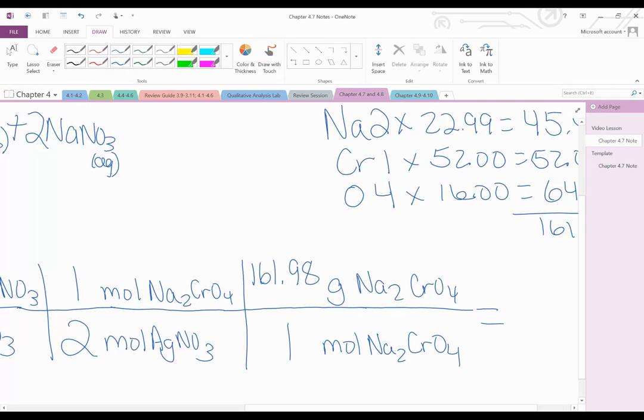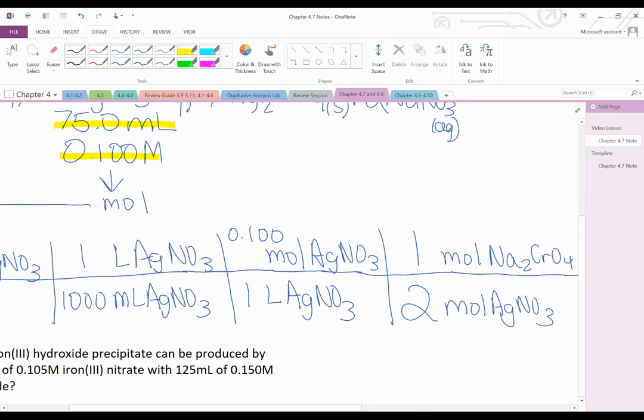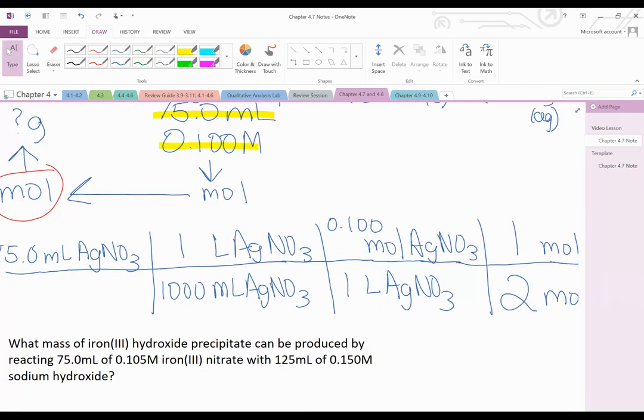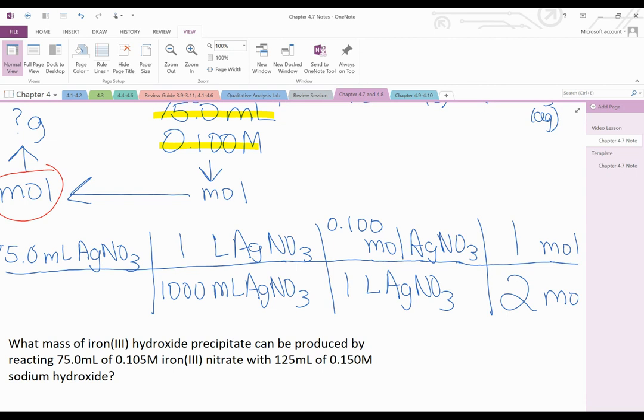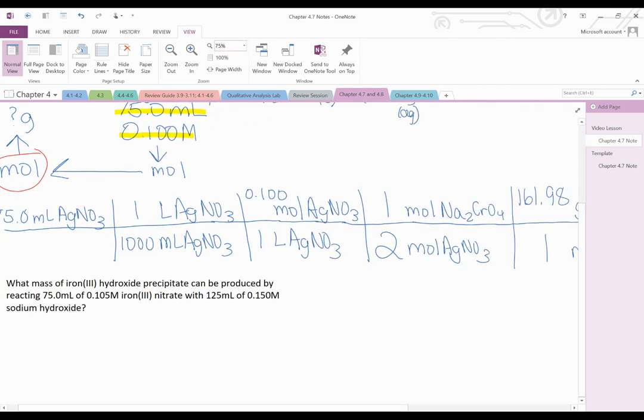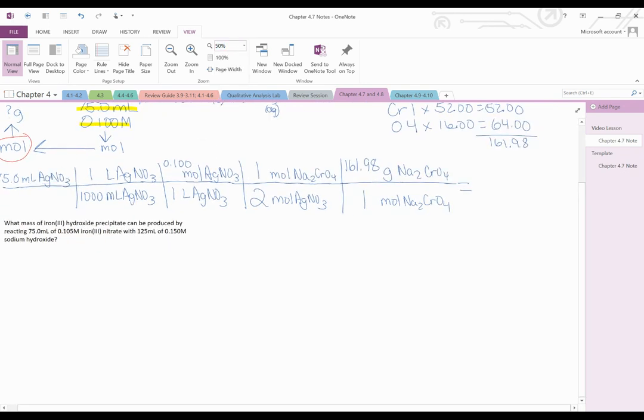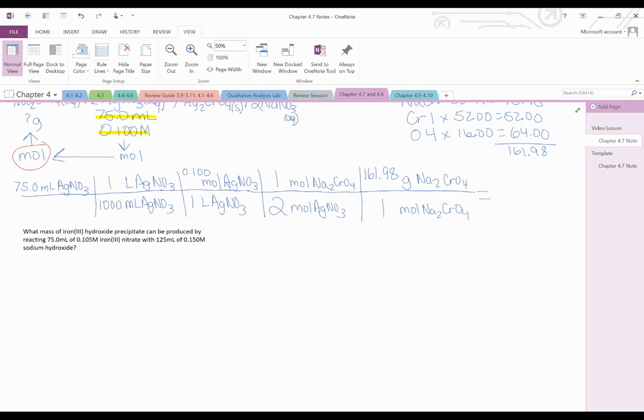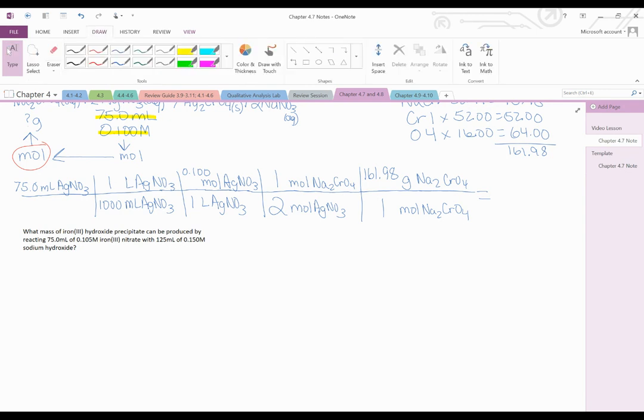So when you look at this whole problem, and maybe I will make it a little smaller so we can see it all on one page, units cancel diagonally.